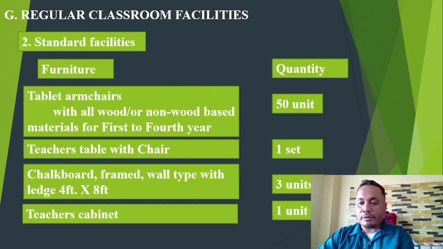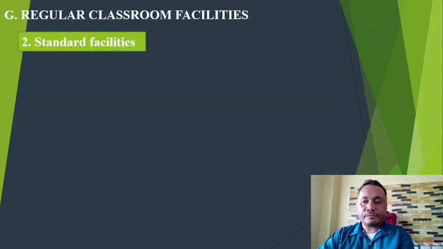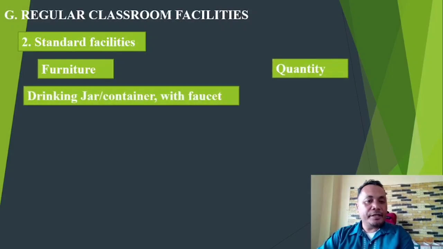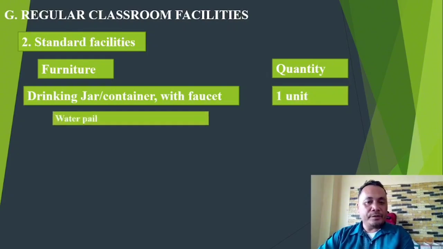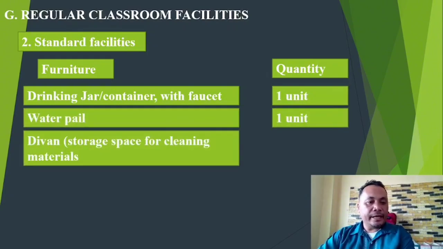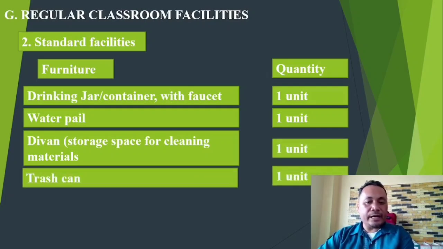Furniture, again: drinking jar, container with faucet, 1 unit; water pail; and storage space for cleaning materials, 1 unit; trash can, 1 unit.